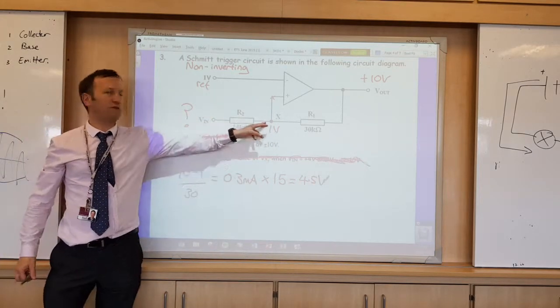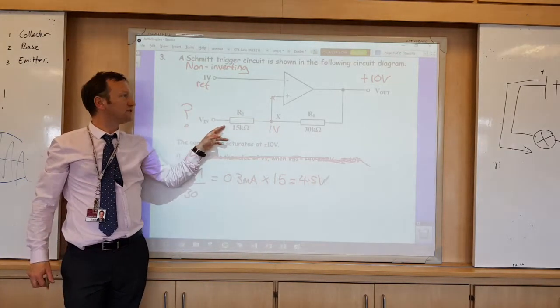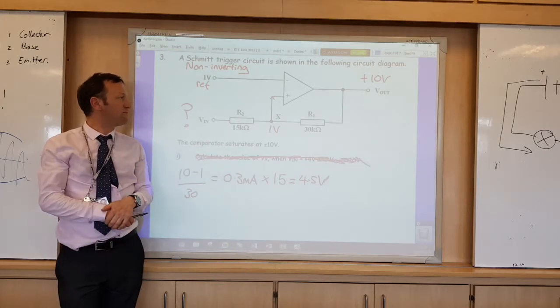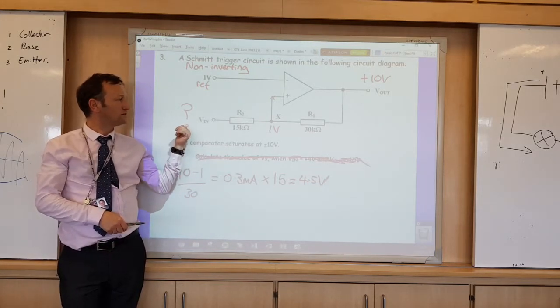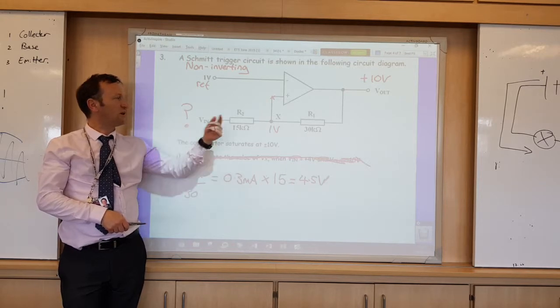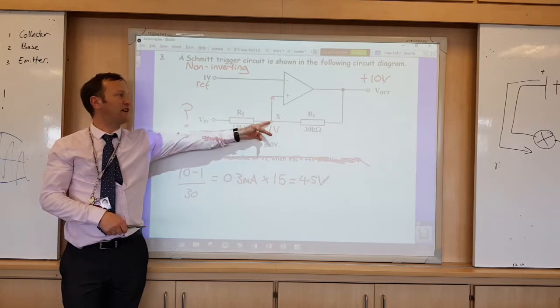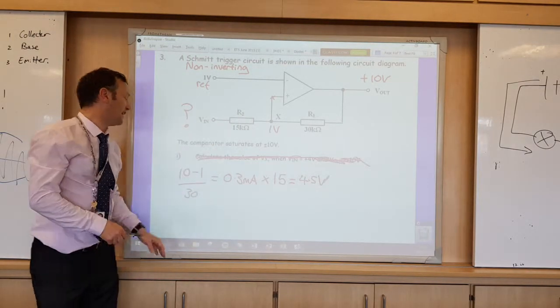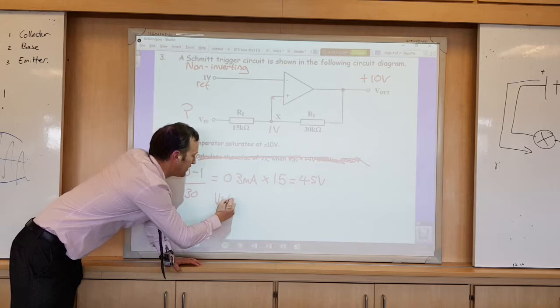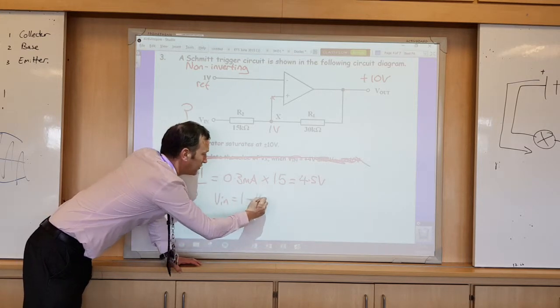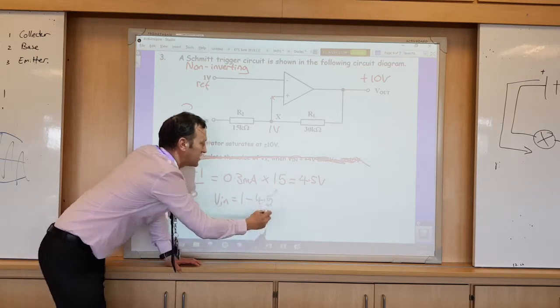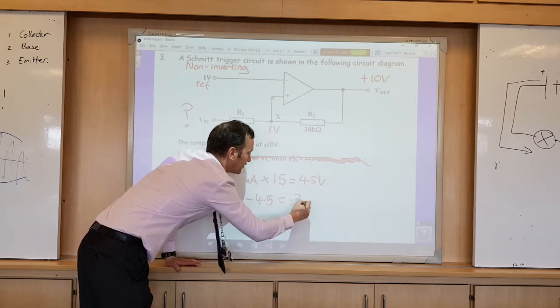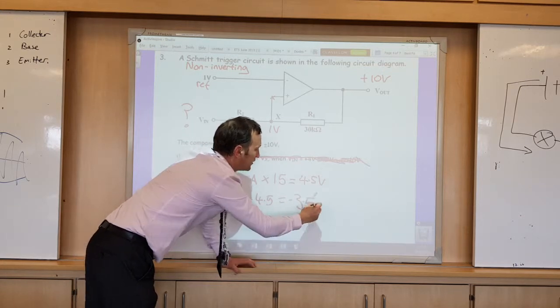If that's got 4.5 volts across it, what is the voltage going to be here? Negative 3.5. It's on its way down, isn't it? So we've got 1 here, and that must be 4.5 volts less than 1. So V in equals 1 minus 4.5, which equals minus 3.5 volts.